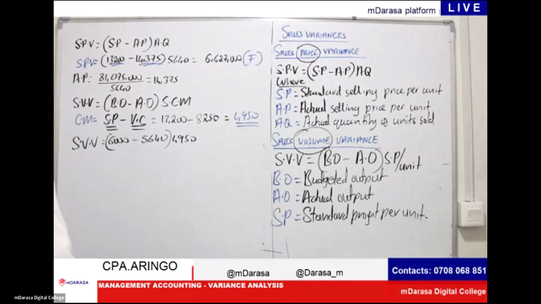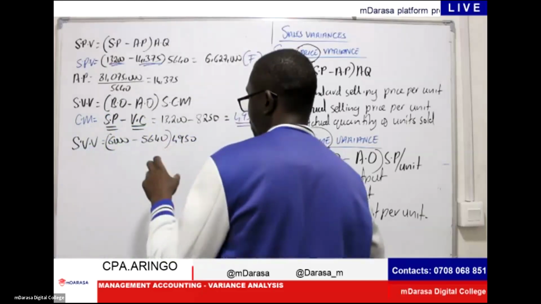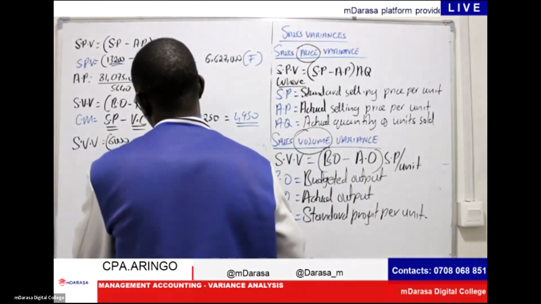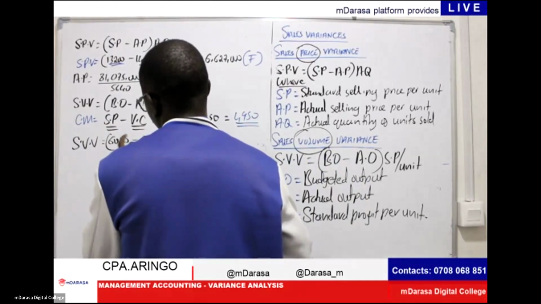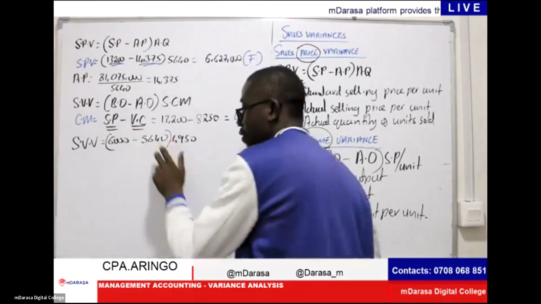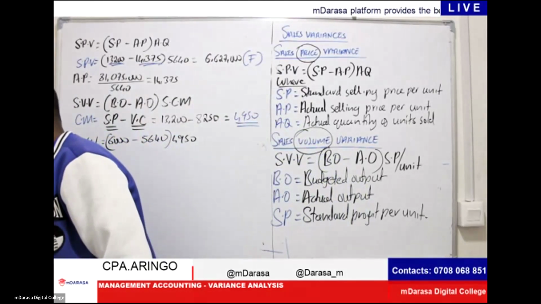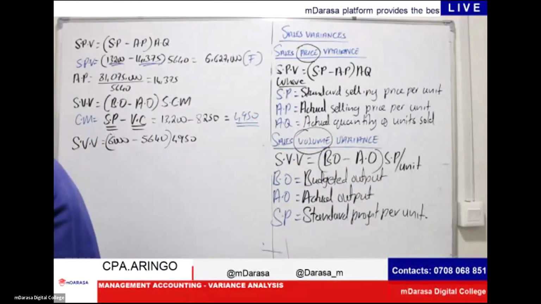Do you have a favorable variance or adverse variance? Just by looking at this case, you budgeted to sell 6,000, you ended up selling 56,000. So my question is, do you have an adverse or a favorable variance by just looking at the variables here? Sales volume, production. You had budgeted to sell 6,000. You ended up selling 56,000.